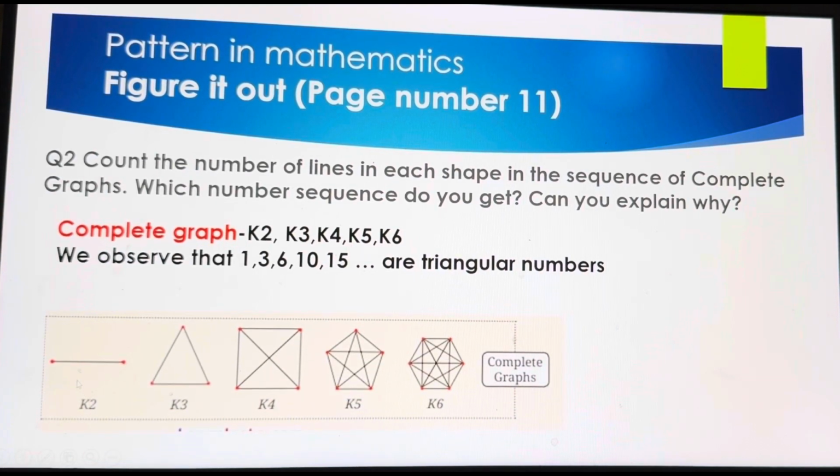Right? This picture we saw. So 1 line, 3 lines, then 6 lines, then 10 lines and 15 lines. So we got the triangular number series. So next will be 15 plus 6, it is 21. So if we take 7 dots and join all the dots, we will get 21 lines. Okay, so this is the next figure which you are going to draw.